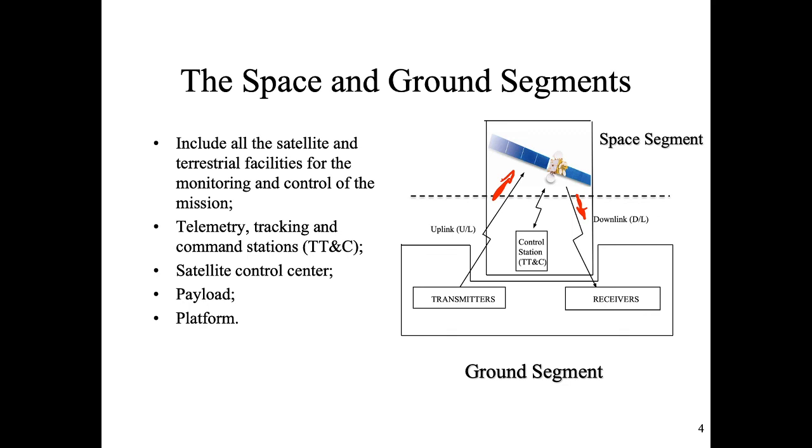The ground station and the ground infrastructure is what decodes the telemetry and uploads commands to the satellite. It is not really the control center of the mission, but is the control station.